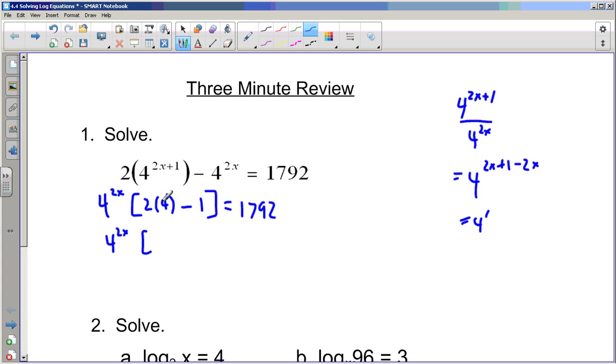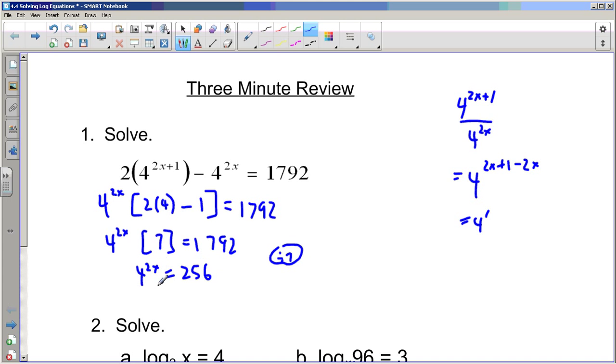Then inside here, what do I got? I got 8 minus 1, which is 7. And I'll bet you 7 goes into 1792, because that's going to be the next step here. And it does. I divide by 7 on both sides, and I'm left with 256.